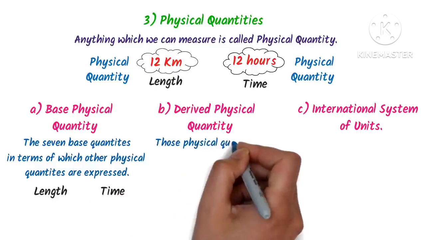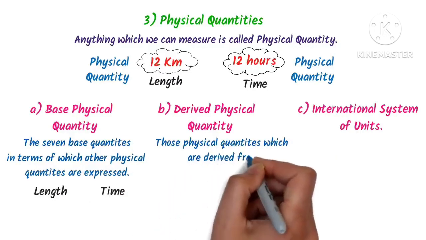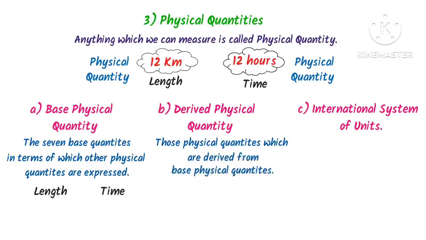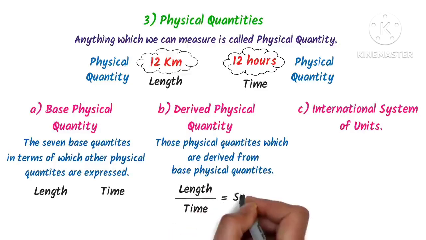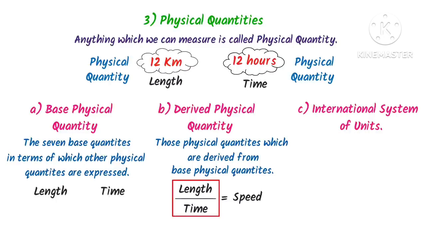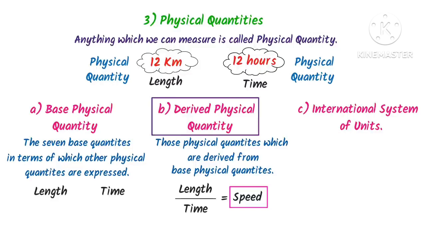Secondly, those physical quantities which we can derive from the base physical quantities are called derived physical quantities. For example, when we divide length by time, we get speed. Here, length and time both are base physical quantities, but dividing them, we get another physical quantity, speed, which is known as a derived physical quantity.